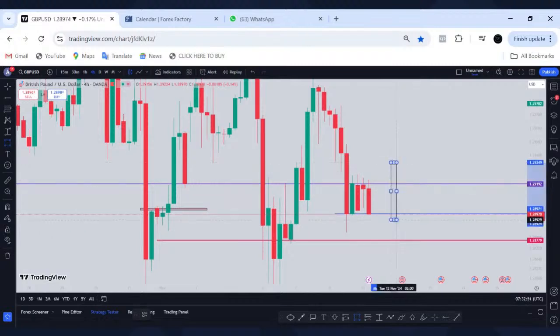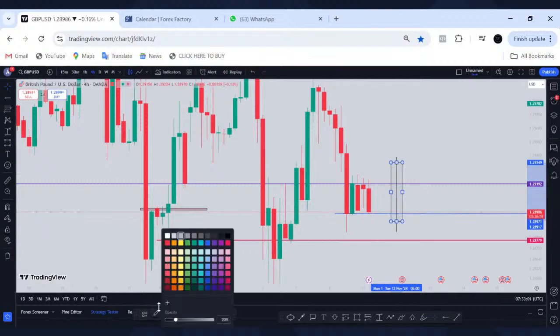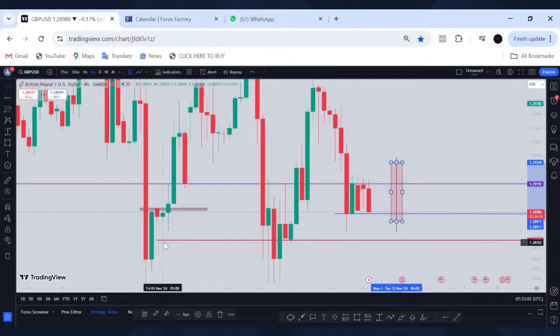The candle has broken. So this was one of my favorites. So let's say like this. This is the zone.